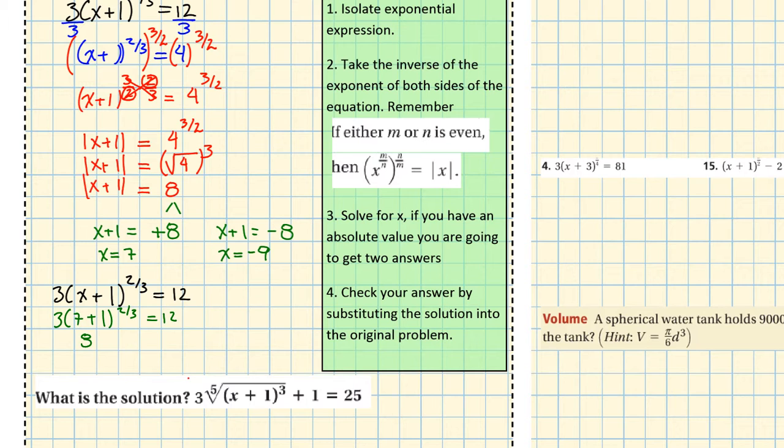Now, the cube root of 8 is 2, squared is 4, gives you 12 and 12. So we know at least that 7 works. We have to do exactly the same with negative 9, see if we get the same answer.